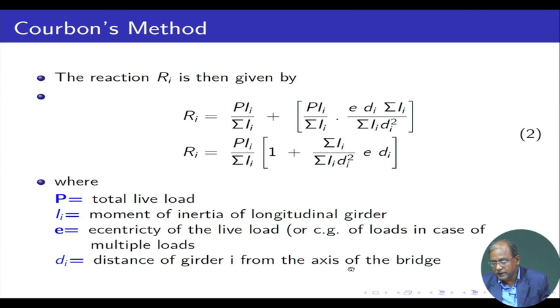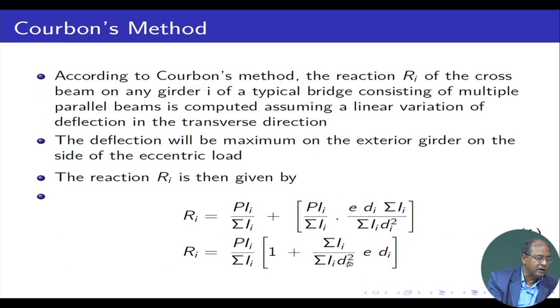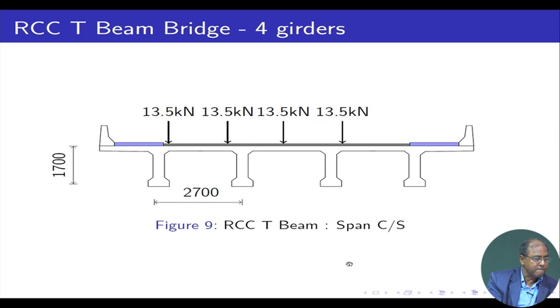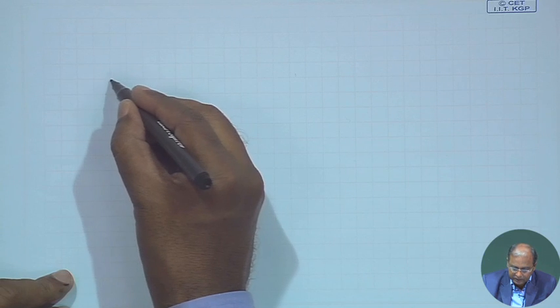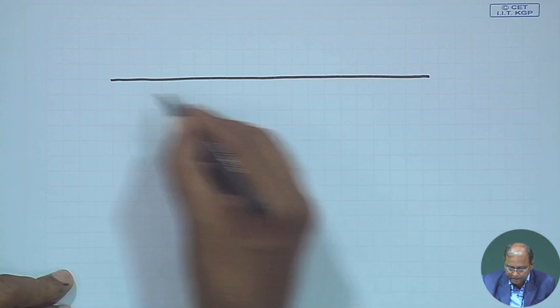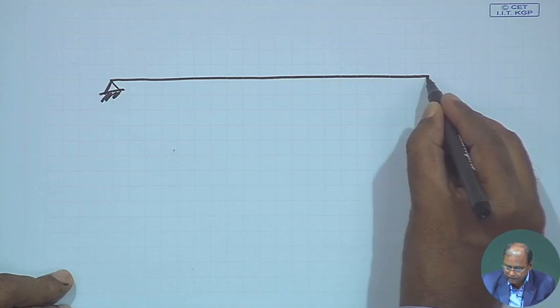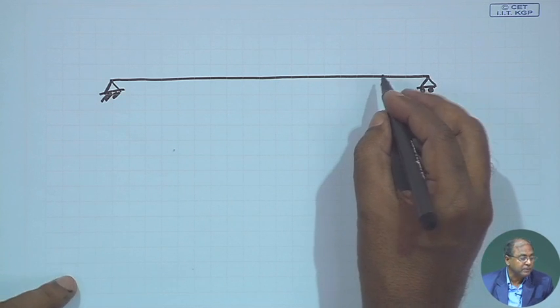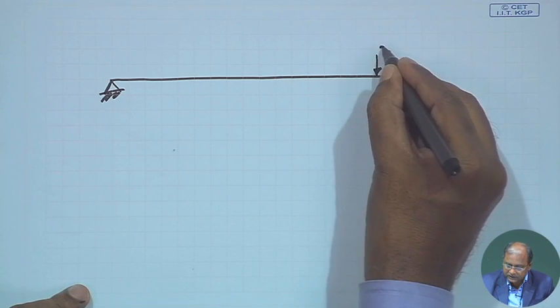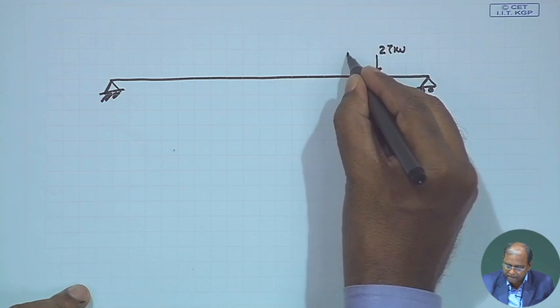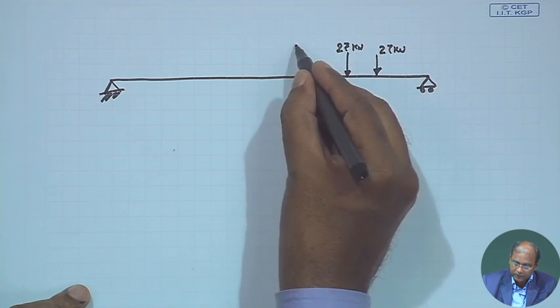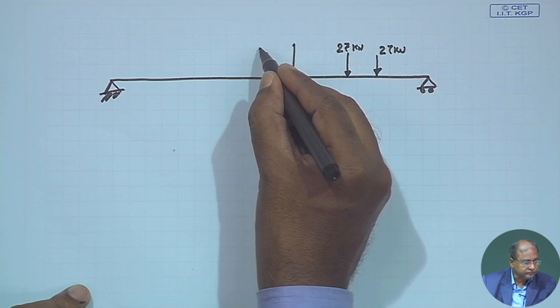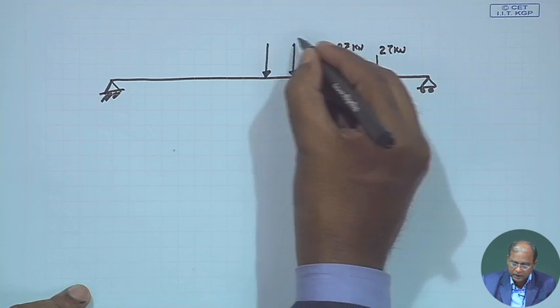From what we have done, let me show you that figure. Considering the loading along the girder, we have certain loading here, say 27 kilonewton, which is the loading class. Then a little far away, 114.